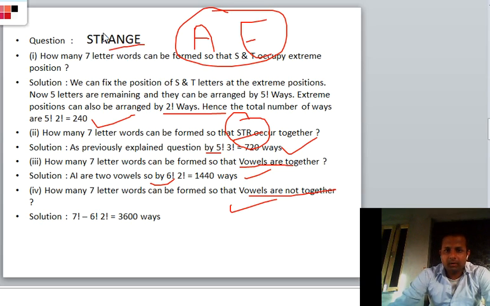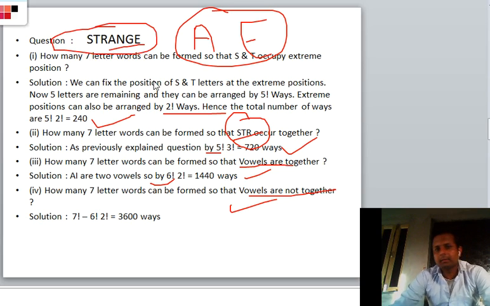We have 7 letters in total, which can be arranged in factorial 7 ways. The words in which the vowels are always together are factorial 6 into factorial 2, which we just solved in the previous question.